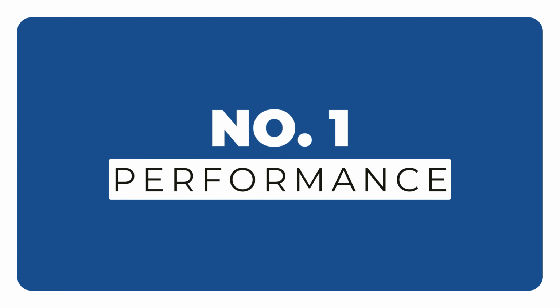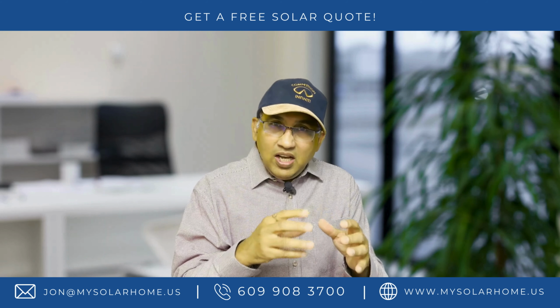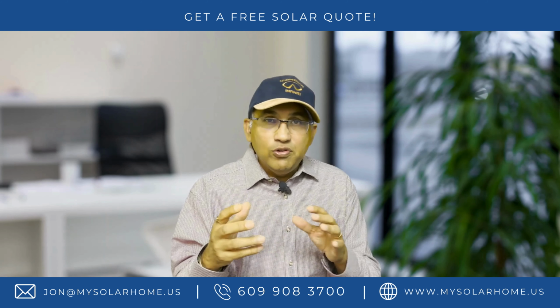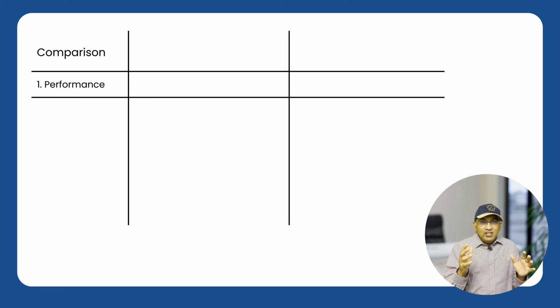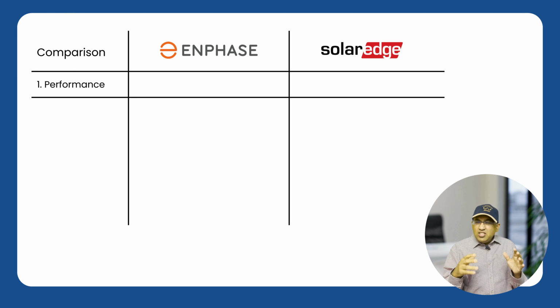So the first, let's go into performance. In terms of actual, how much energy is converted, how efficient are these two. Now, overall, in my experience, when I've seen head to head comparisons between the Enphase and the SolarEdge, the same system, when you use Enphase versus when you use SolarEdge optimizers, the SolarEdge optimizers actually produce a little more energy than the Enphase.